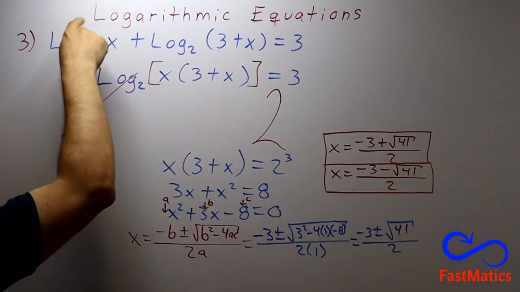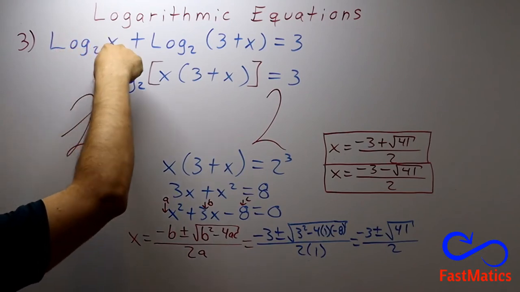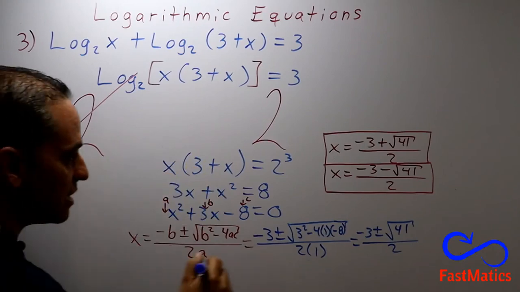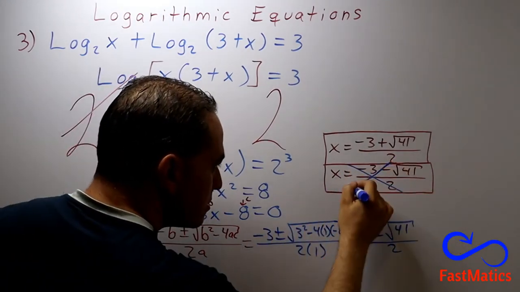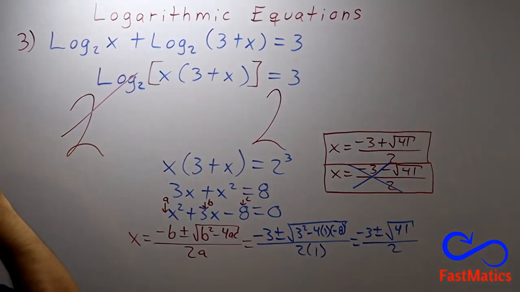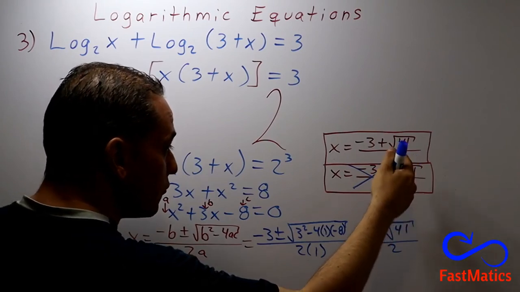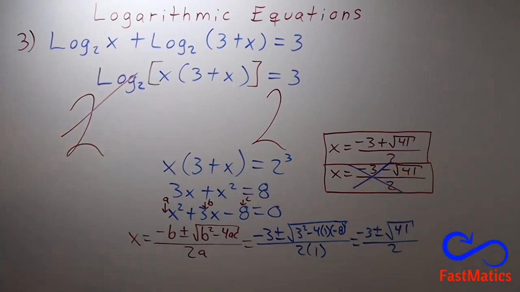And if you calculate the log of a negative number, it is undefined. Then this is impossible. The only answer of this exercise is negative 3 plus square root of 41 divided by 2.